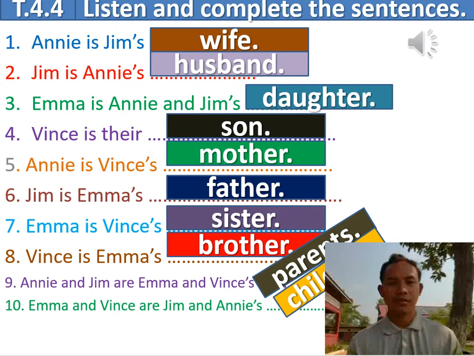Annie is Vin's mother. 6. Jim is Emma's father. 7. Emma is Vin's sister. 8. Vin is Emma's brother. 9. Annie and Jim are Emma and Vin's parents. 10. Emma and Vin are Jim and Annie's children.